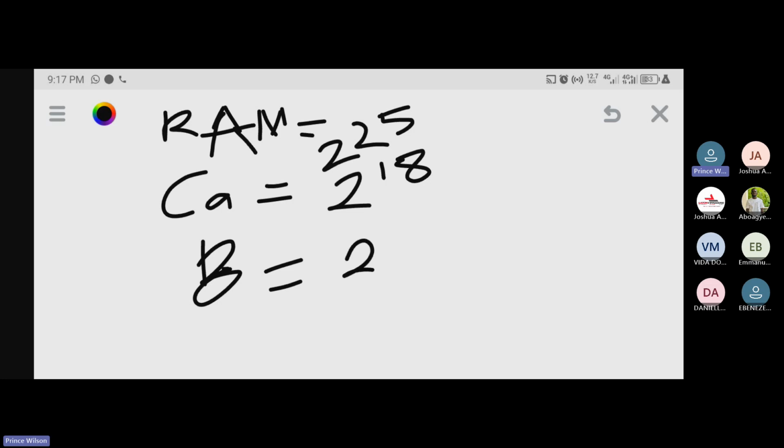The RAM was 32 megabytes, so the block size was 64. Is it 64 bytes or kilobytes? Kilobytes.